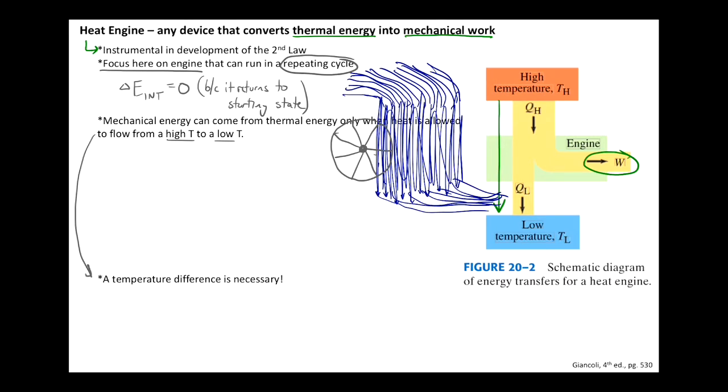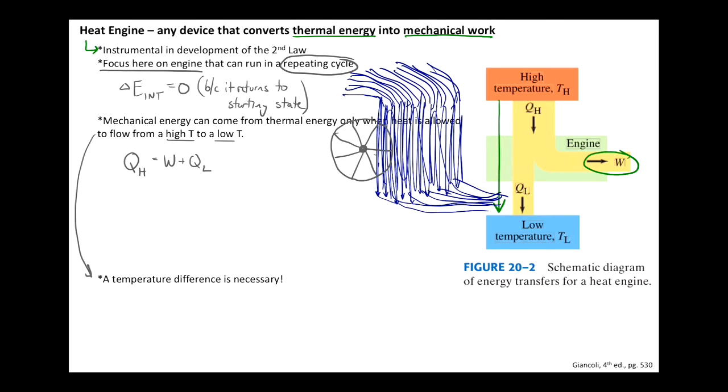So if you just look at this diagram, we can set up a conservation of energy principle just looking at what we have there. We have some heat that's flowing from the hot, high temperature region, and it's going to split into two parts, but the sum of the different things it splits into has to add to what I started with. So it's going to be equal to the amount of work that I get out plus the amount of heat that leaves and flows into the low temperature region.